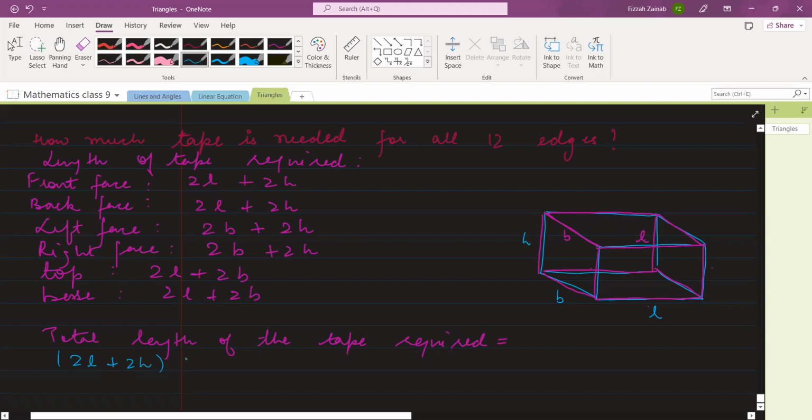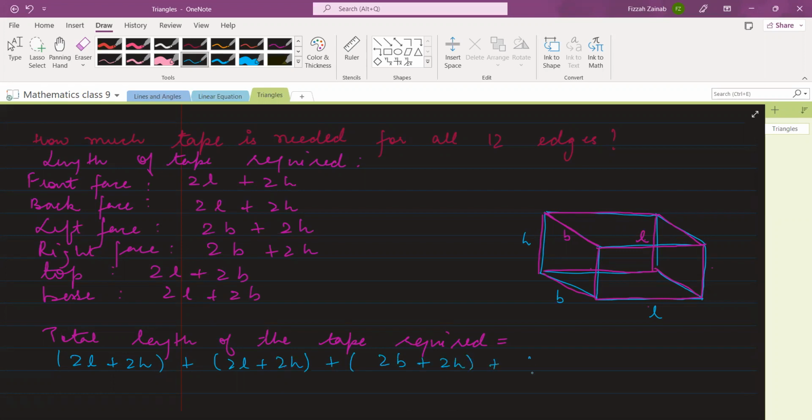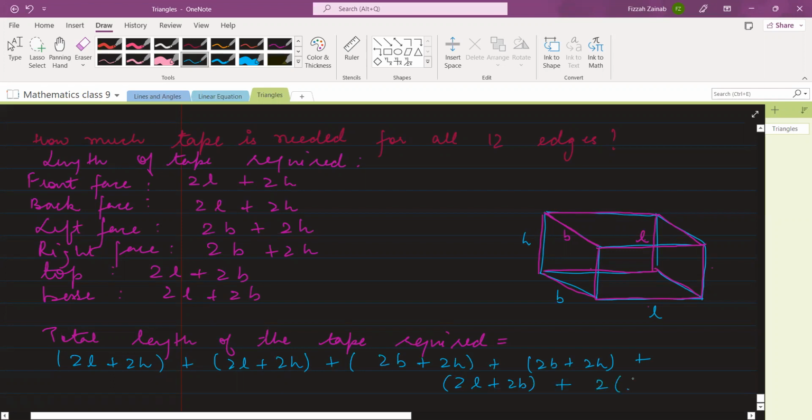Put brackets, plus 2L plus 2H, two times it is occurring anyway. Just write first of all. Then you have 2B plus 2H plus 2B plus 2H plus 2L plus 2B and plus, sorry, 2L plus 2B, right?